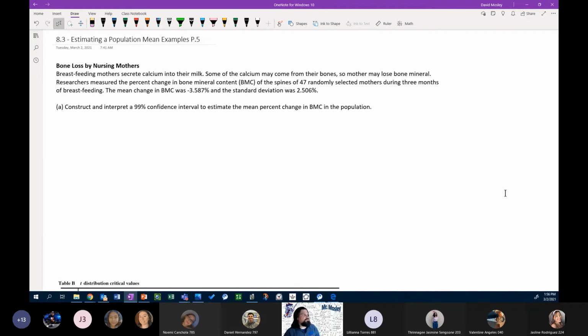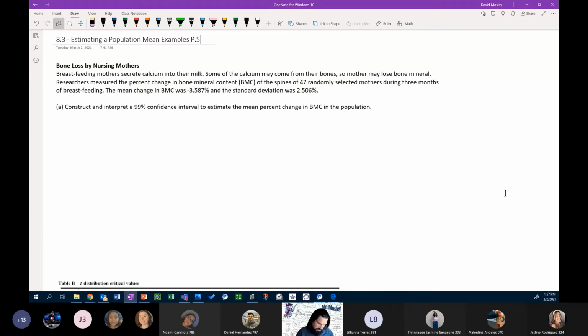All right, so here's our first example. We have bone loss by nursing mothers. Breastfeeding mothers secrete calcium into their milk. Some of the calcium may come from their bones, so mothers may lose bone mineral. Researchers measured the percent change in bone mineral content, BMC, of the spines of 47 randomly selected mothers.